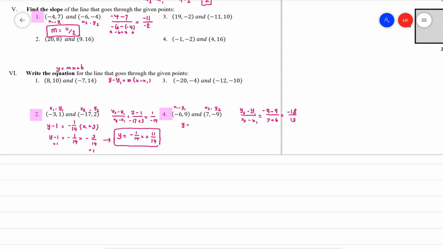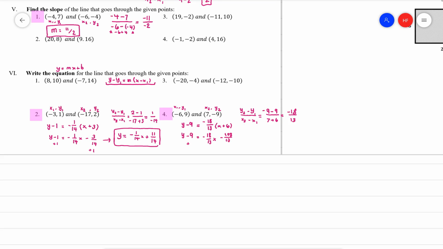y minus y1. So now we're looking at this equation to plug it in. Equals m. And then x minus x1, so x plus 6. y minus 9 equals negative 18 over 13 x. So then we will distribute the negative 18 over 13 to that 6 as well, which will give me negative 108 over 13.